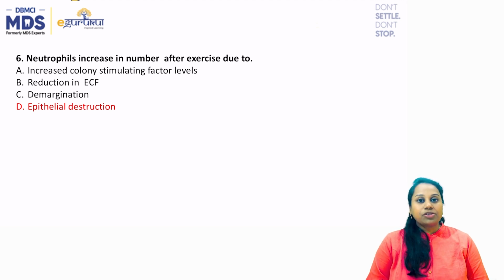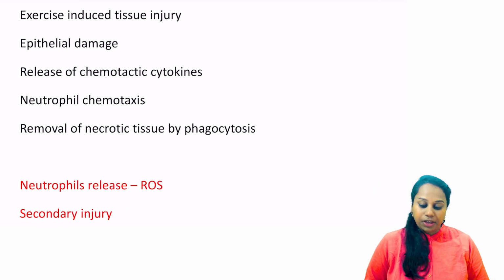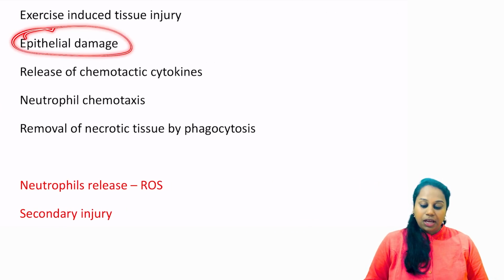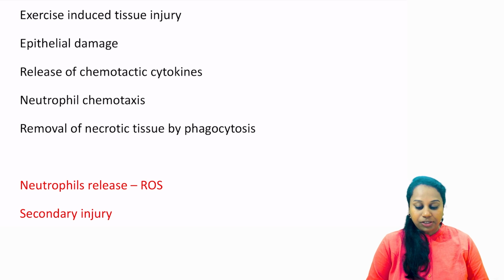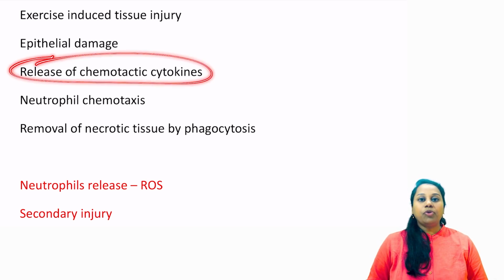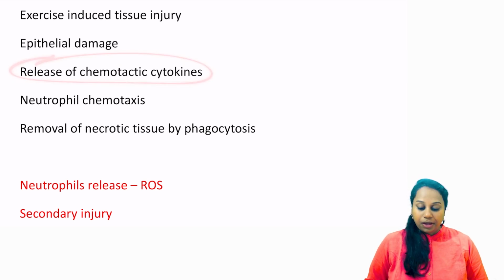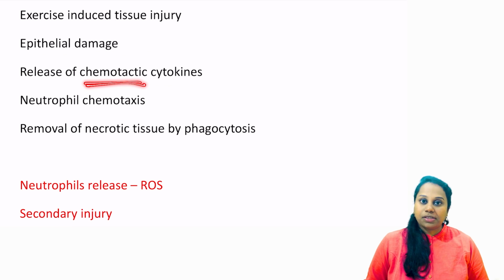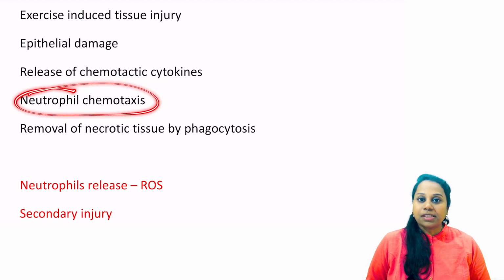See what happens to neutrophils during exercise. So when you do exercise, there is possibility of epithelial damage. And because of this epithelial damage, there is release of chemotactic cytokines. What are these chemotactic cytokines? Chemicals which are released. And these chemotactic cytokines cause chemotaxis.